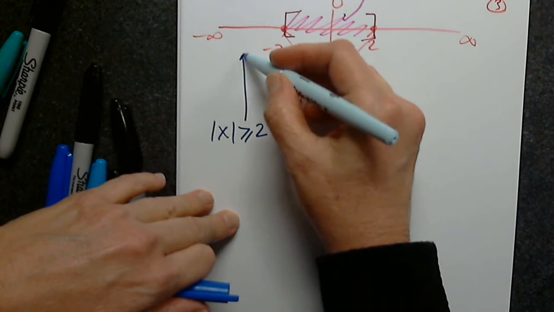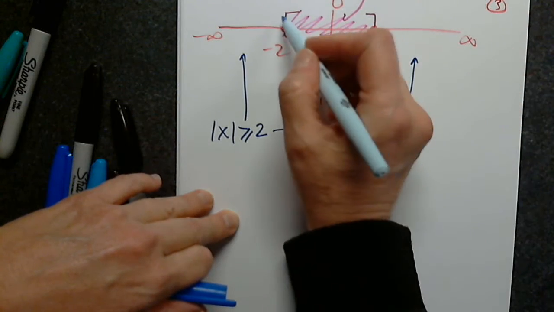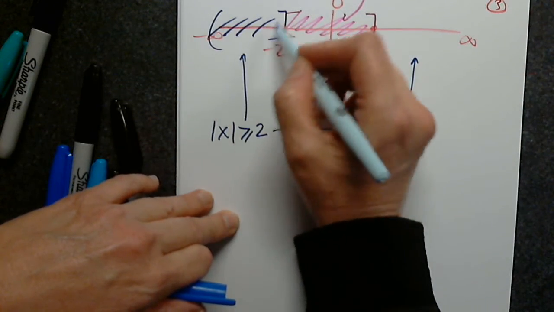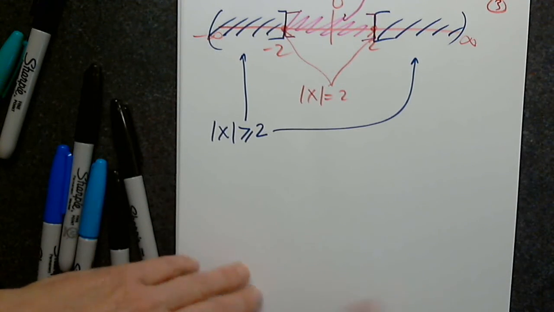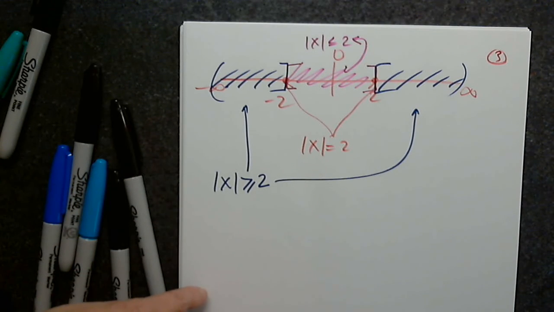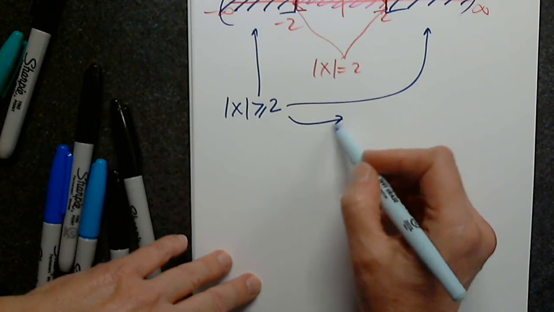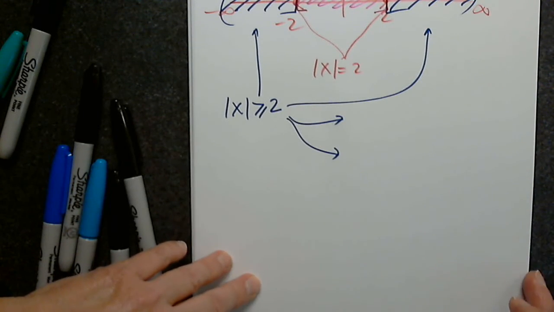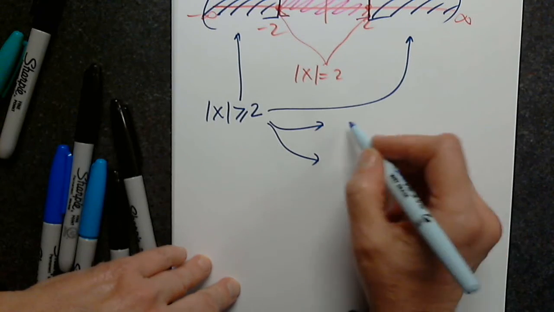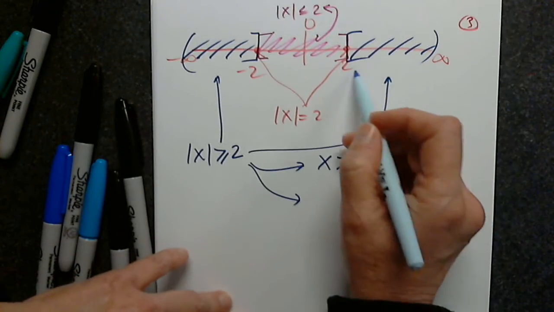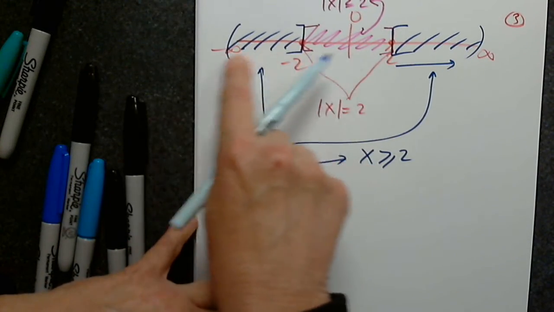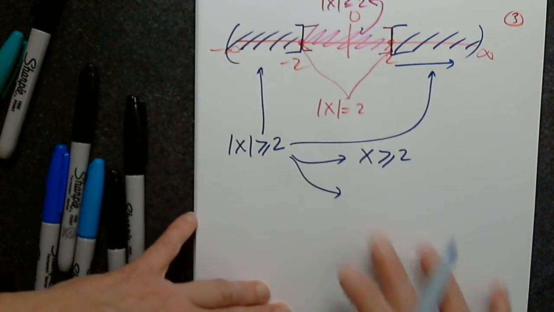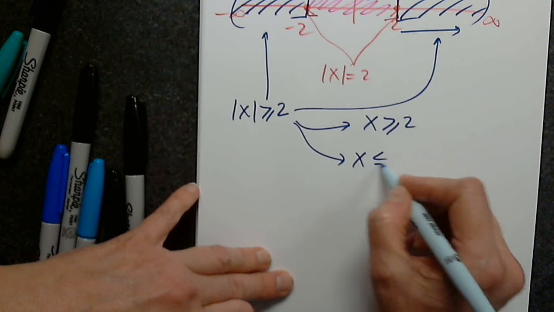So this will have solutions here, which is way more complicated to write. I shouldn't say way more, but right? So the solutions here are two separate inequalities. X to the right-hand side of 2 and x to the left-hand side of -2.